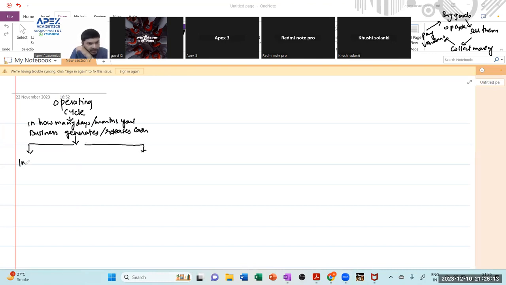So if the operating cycle increases, what is the meaning of operating cycle increases? It shows that more time is needed for cash to be generated. Is this good or is this bad? This is bad or adverse.